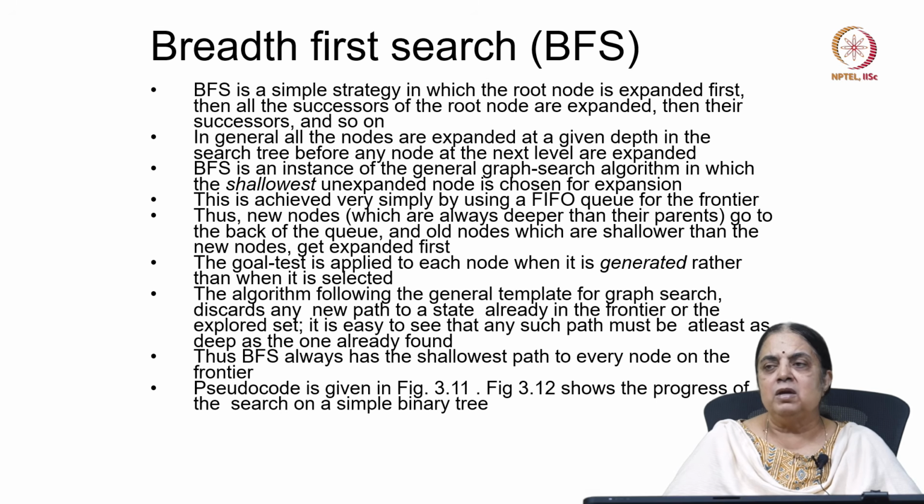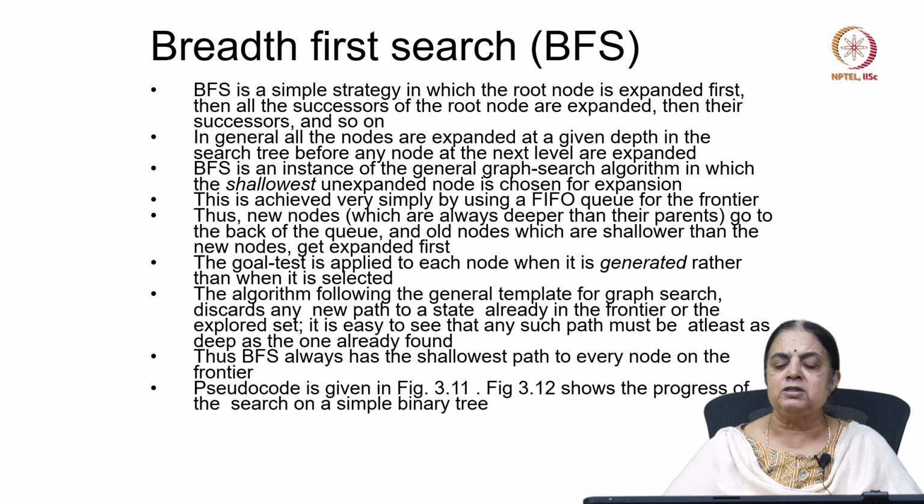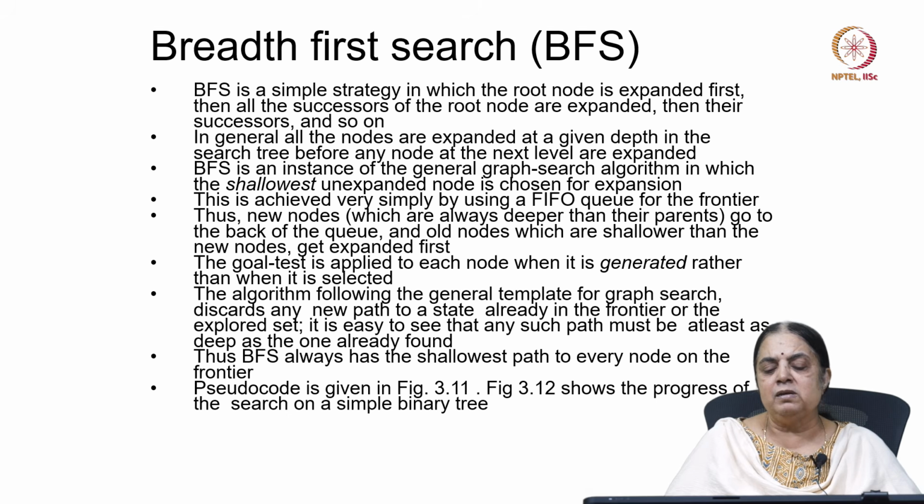For example, you finish expanding all the nodes at depth 0 before you go to depth 1, and expand all the nodes at depth 1 before you go to depth 2. So as soon as you find a node which is your goal state, the path will be the shallowest path possible. If the shallowest path is your optimal solution, then the breadth first search gives you the optimal solution.